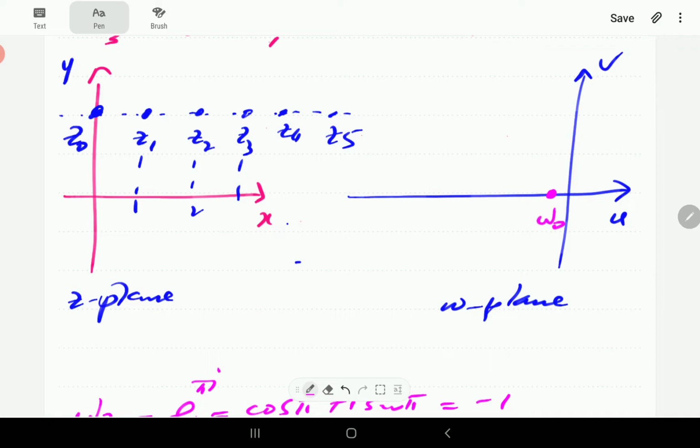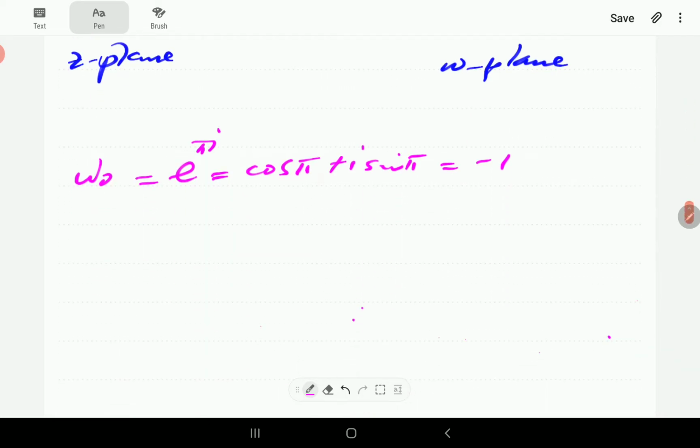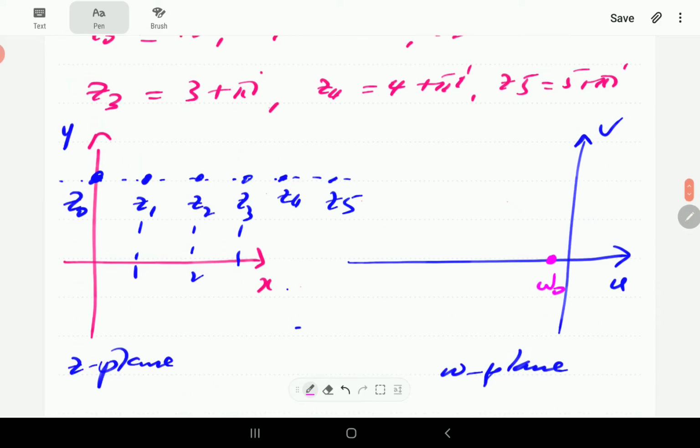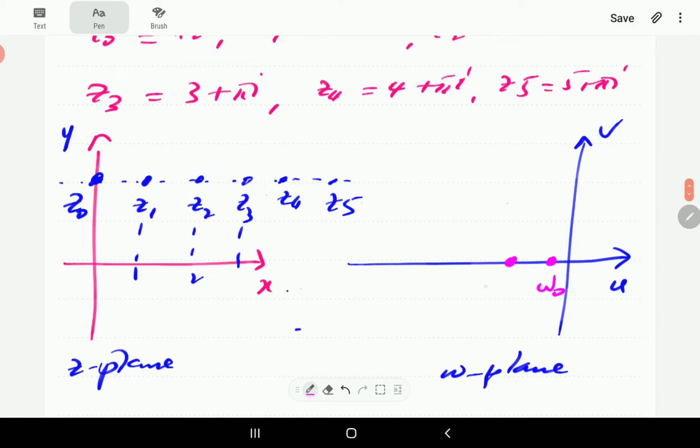So that means the image of z0 is going to be on the horizontal axis here, a distance of 1 from the origin. Then w2 is going to be e to the power 2 plus pi i, which is e squared times e to the pi i. e to the pi i we've already worked out as -1, so it's going to be negative e squared, a distance of e squared from the origin.